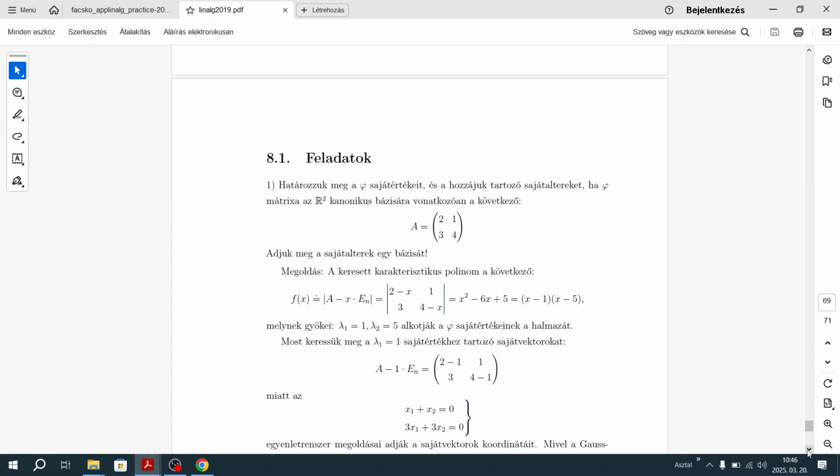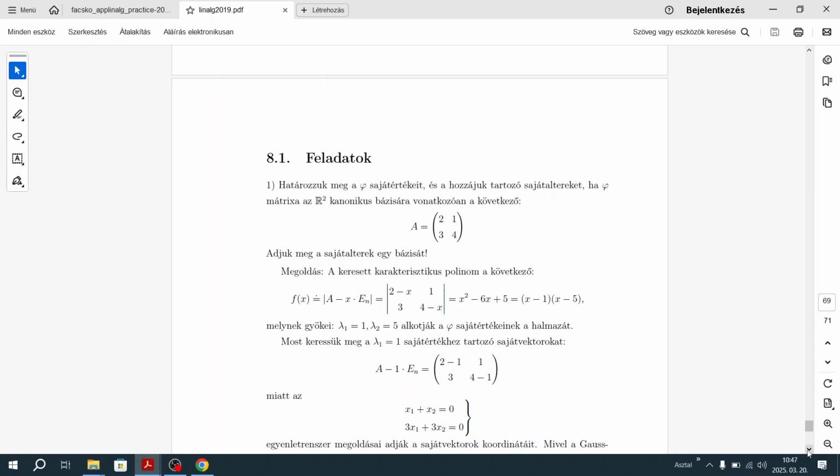So this matrix is 1, 1, 3, 3, and I'm looking for an appropriate vector. This vector will be from both rows.